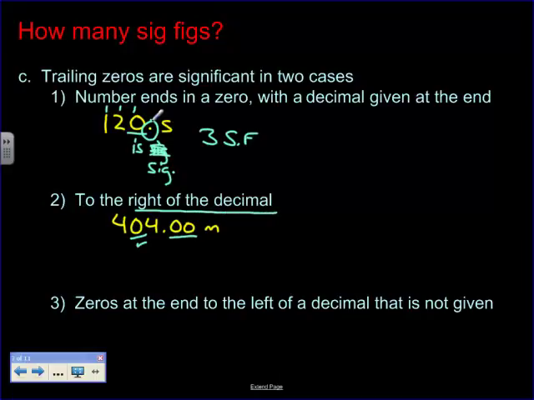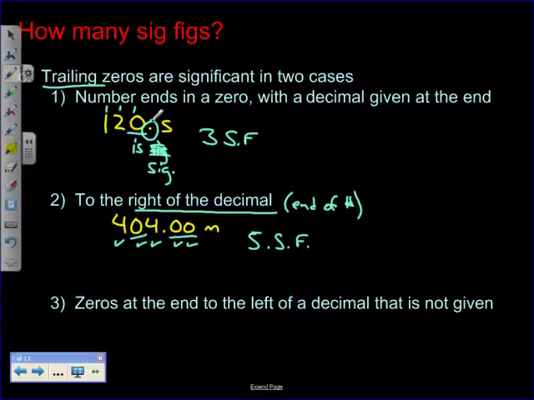But the 2 zeros at the end of the number to the right of the decimal, trailing zeros to the right of the decimal, are significant. And you see that coming up there too, at the end of the number. If they're to the right of the decimal at the end of the number, they are significant. So that means in this case, the 4 and the 4 are significant, the 0 in the middle is significant, and the 2 zeros at the end are also significant. So that means 5 total significant figures.